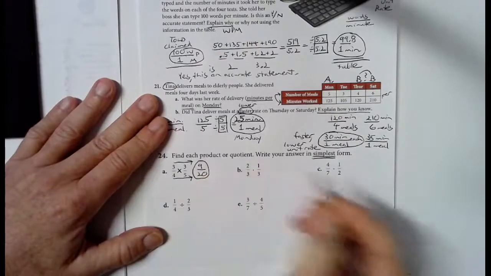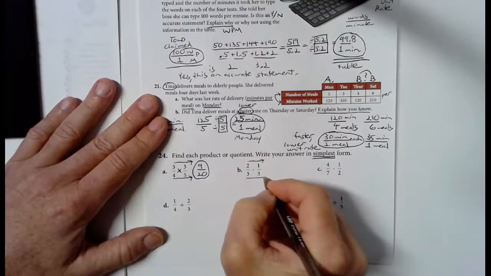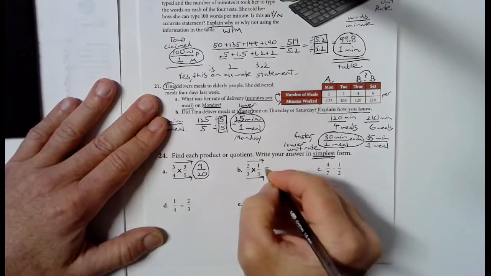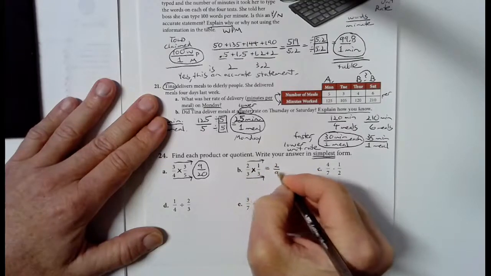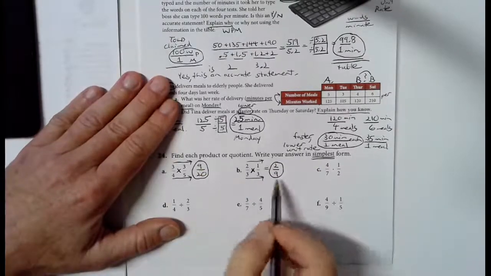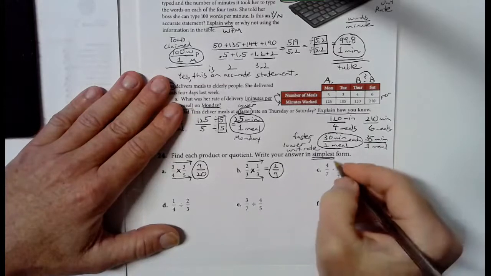This one's already simplest. This one, 2 over 9, we're multiplying. Remember, that's what the dot means. 2/9, already simplest. So far we like these problems. We like the 9s. 9s with even numbers means simplest.